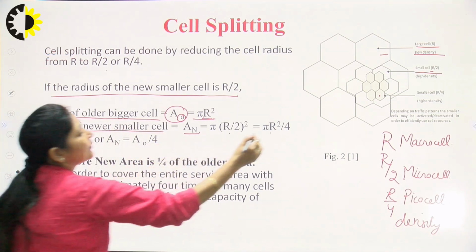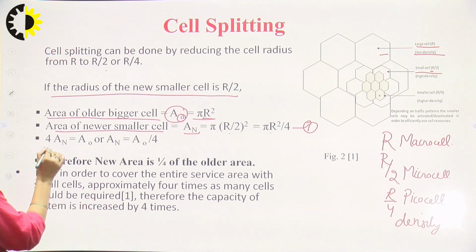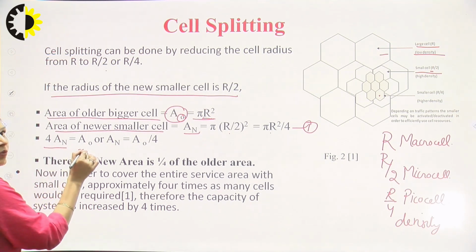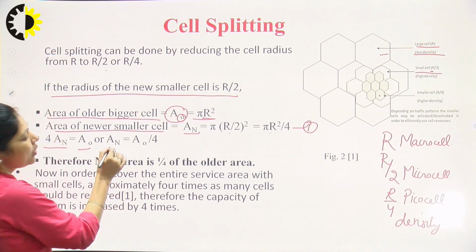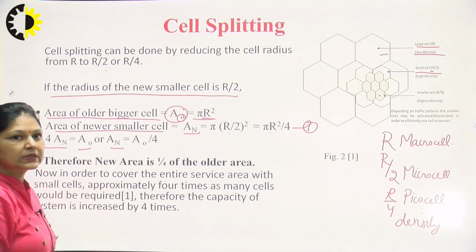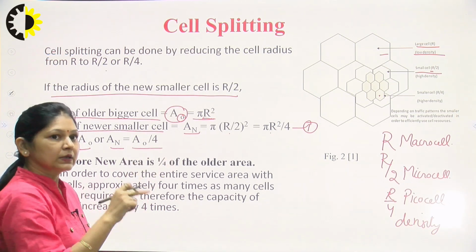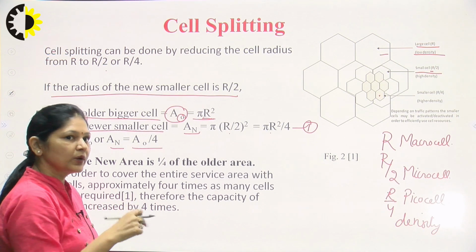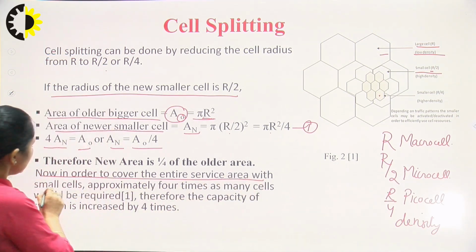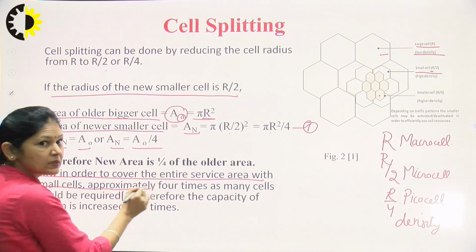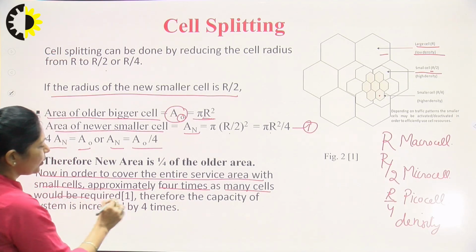As is clear from equation 1, 4 new areas will be equal to 1 older area, or the area of the newer cell is 1/4 of the older cell. In order to cover the entire surface area with small cells, approximately 4 times as many cells are required.